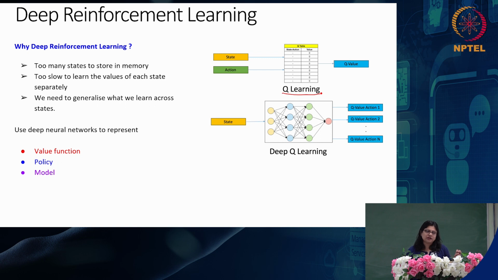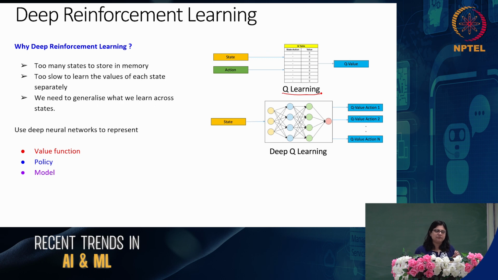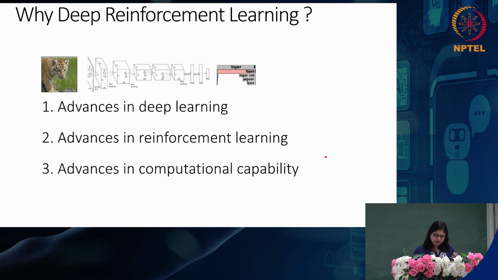So it's a kind of regression task. It is not a classification task. There will be multiple neurons for different actions, each giving us the Q value of an action. So that is the deep Q learning.